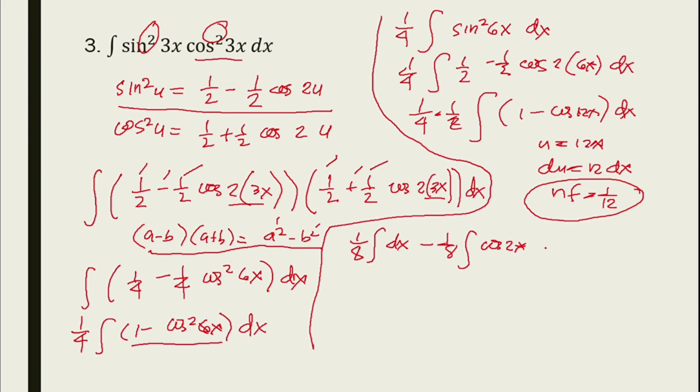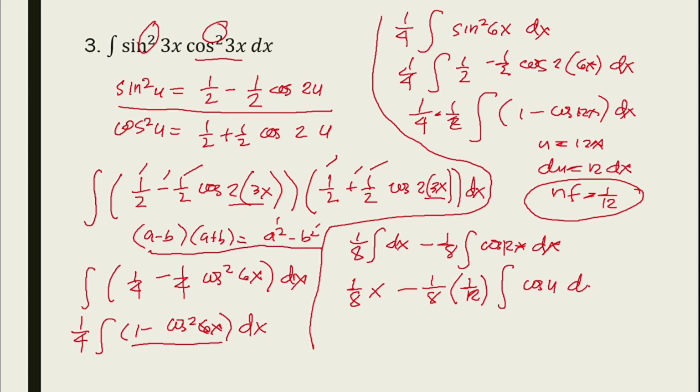So separated. So the integral of 1/8 dx is equal to 1/8 times 12x, rather, this is 12x. So 1/8 x minus 1/8 times 1/12, which is the multiplying factor, the integral of cos u du.